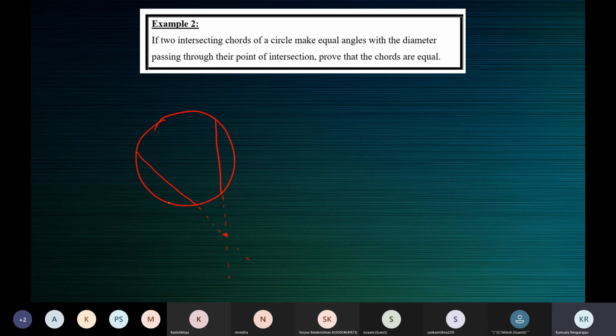These are two chords of a circle which don't meet inside the circle. When you produce them, they meet here. Not this case. We are talking about two chords that intersect inside the circle itself.